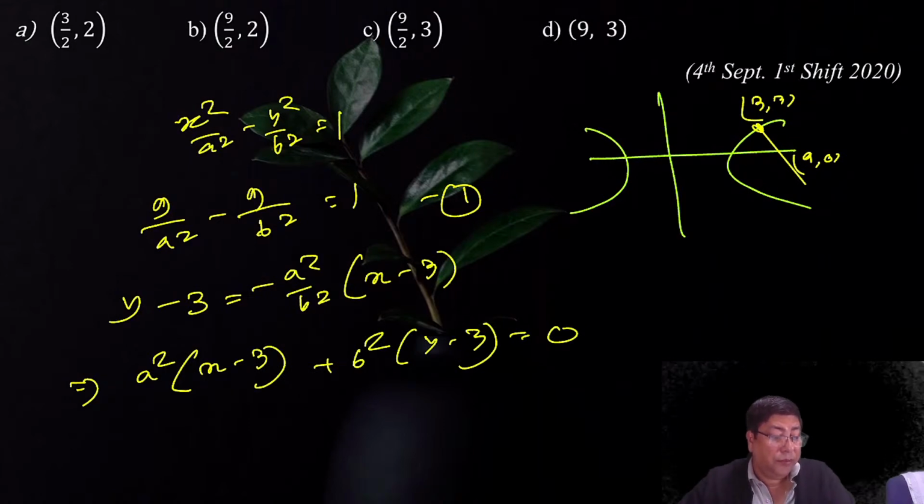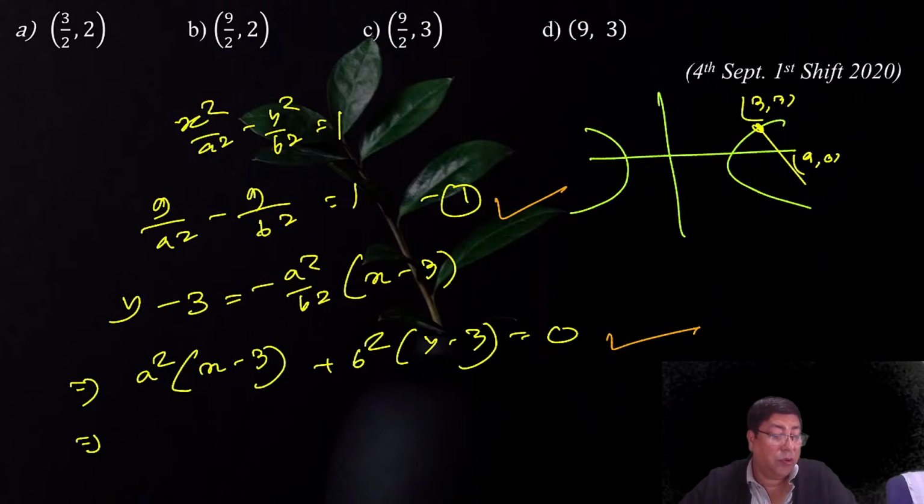Therefore, we can say here that these two, this and this, are satisfied, and we have to get a and b directly. So we can write here, this is passing through the point, it intersects the x-axis at (9, 0).